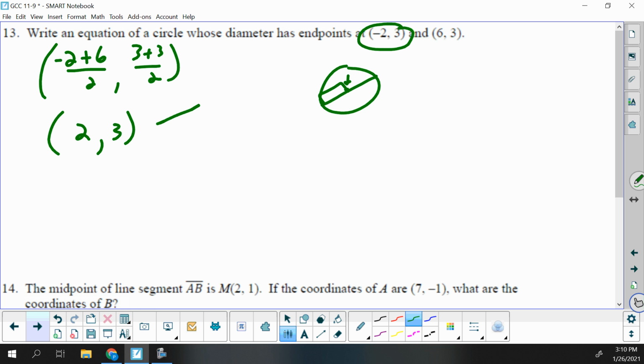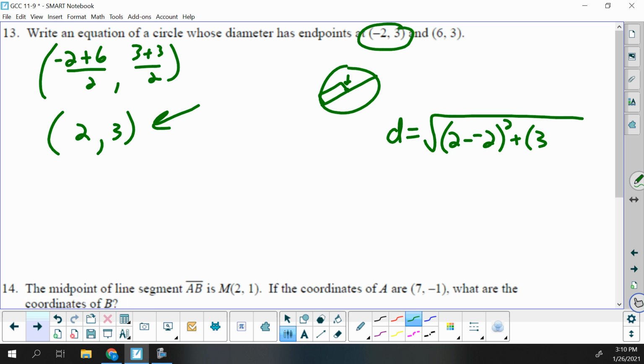So I'm going to do that endpoint and our center, and that distance will tell us the radius. So we'll do x minus our x value. So I'm going to do 2 minus the other x value squared. Because I started with 2, I'll then start with 3 minus 3 squared. This is minus a minus is a plus, so it'll give us 4 squared, which is 16, plus 0 squared, which is 0.